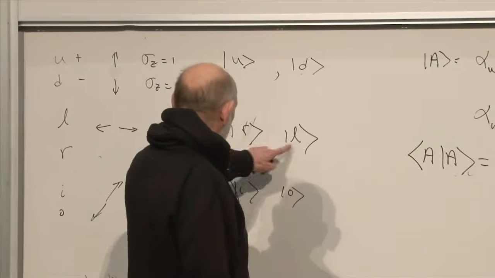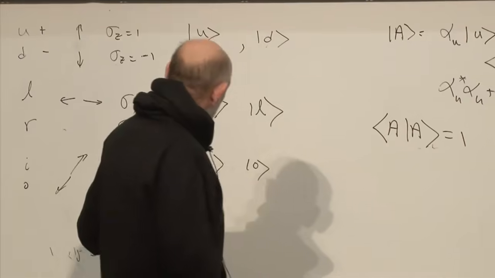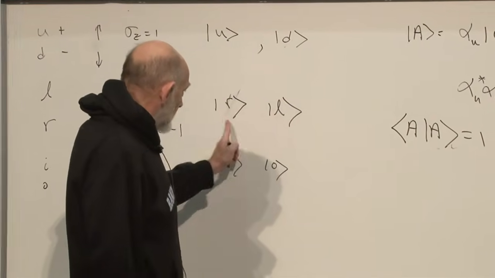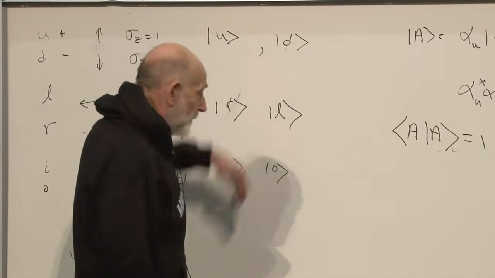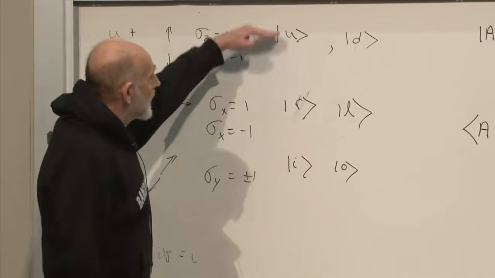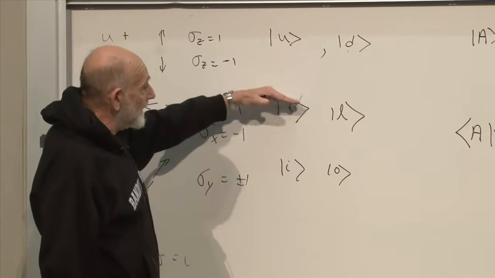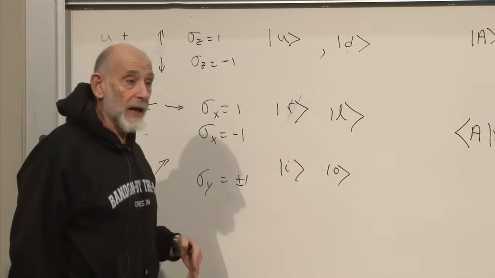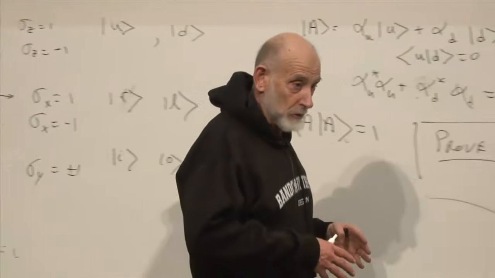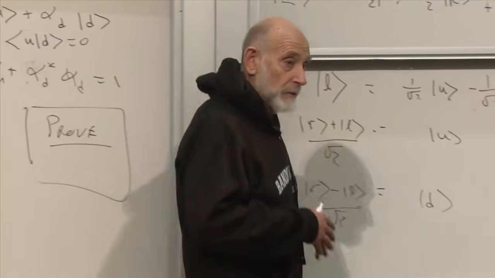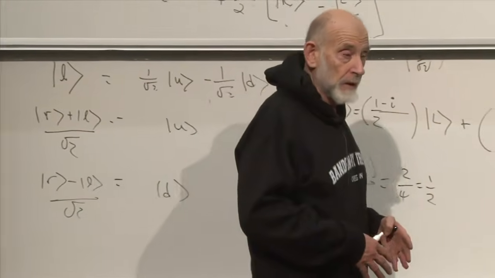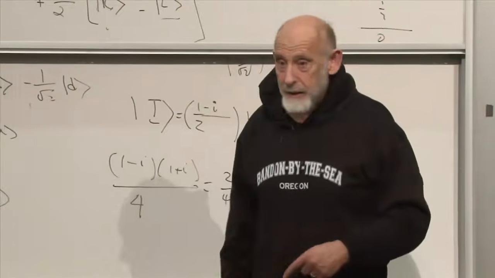Up and down are not orthogonal to left and right, though they're orthogonal to each other. But each one, if expanded in any of the others, would have coefficients whose magnitude was 1 over the square root of 2. So they're symmetrically related in that sense.